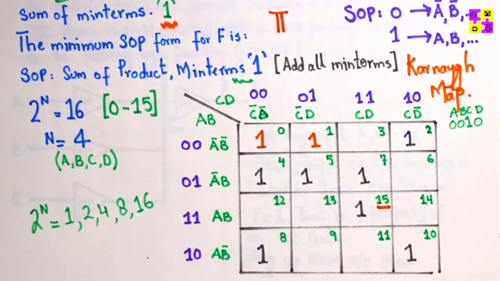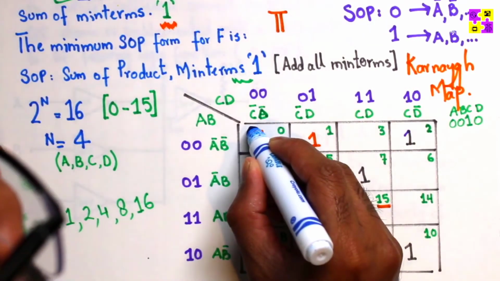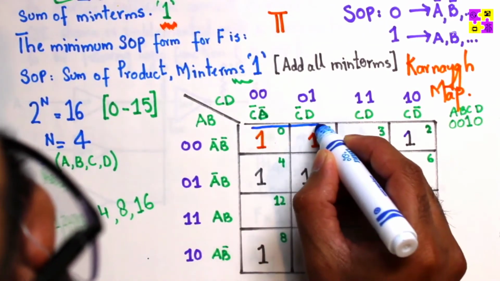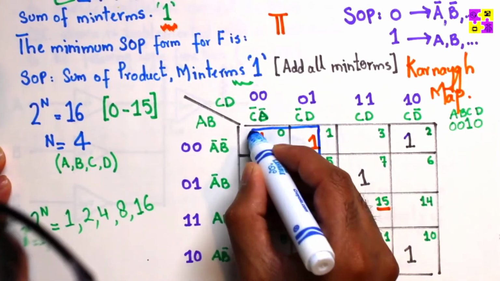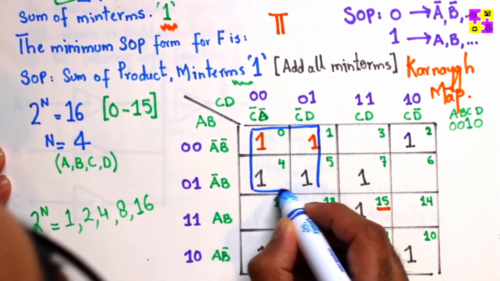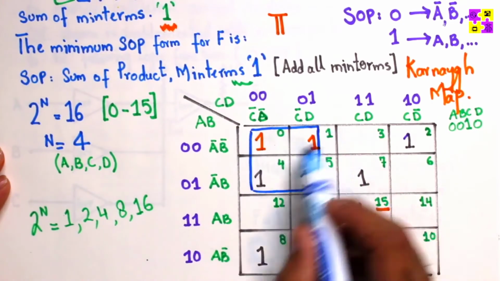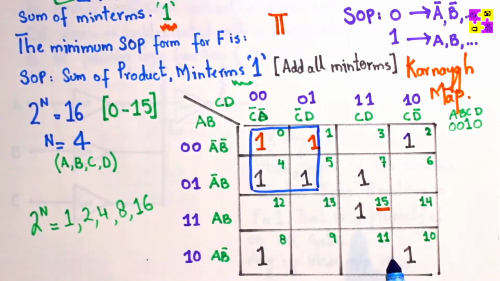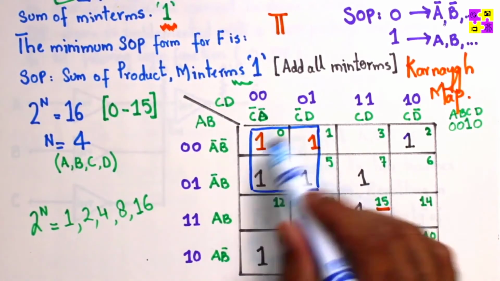What I'm trying to say here is, if you look at this right here, the adjacent ones, the ones which are right next to each other, can be paired up. 0, 1, 4, 5 are right next to each other, correct? So they can be paired up.